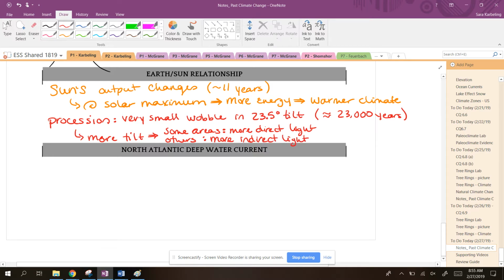And as we know, because we've been going through this over and over during this unit, I hope it makes sense to you by now that if you have more direct light, what's going to happen to the climate? It's going to be warmer. More indirect light means that it would be cooler, right? So more direct light, warmer. More indirect light, cooler.